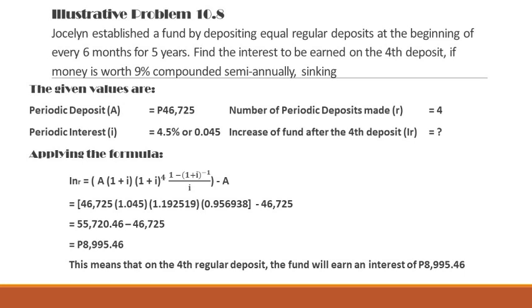Applying the formula, the increase of fund after the fourth deposit IR is equal to the periodic deposit A multiplied by the quantity 1 plus the periodic interest i, multiplied by the quantity 1 plus the periodic interest raised to the power of 4, which is the number of periodic deposits made, minus 1, over the periodic interest, minus the periodic deposit A. By substituting each value, we get the increase of fund after the fourth deposit, 8,995 pesos and 46 centavos.